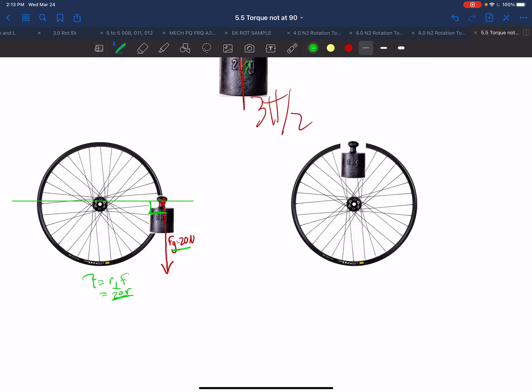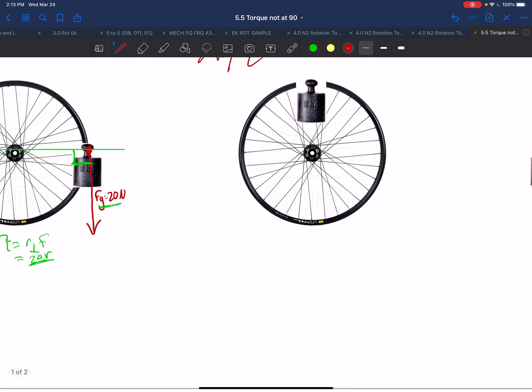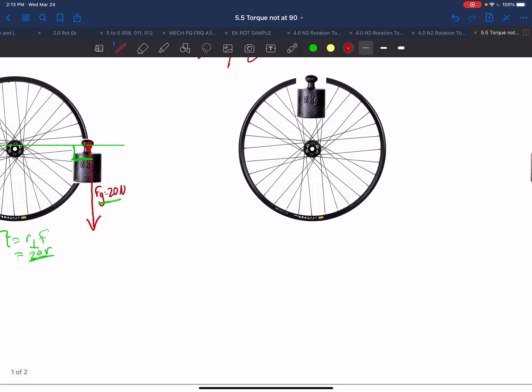Now let's consider what happens when we are at pi over 2 radians. Here, we have the force of gravity in this direction. Perpendicular is this direction. As you can see, there is no part of the force of gravity that would cause it to go one way or the other.